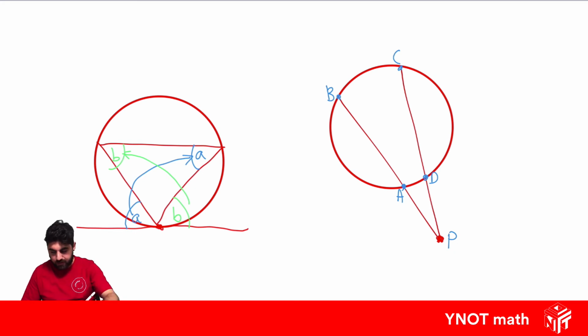Now, if we have this, we can say that AP multiplied by BP equals DP multiplied by CP.